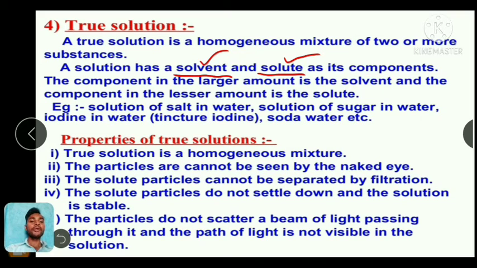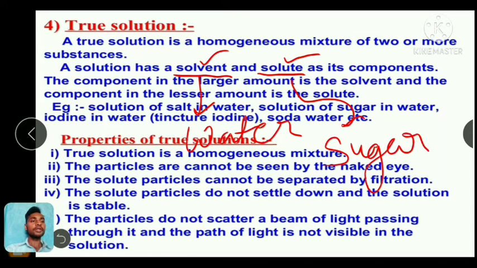So for example, you are making a mixture of water and sugar. In this solution, the water you have taken is the solvent, and the solute is the sugar.